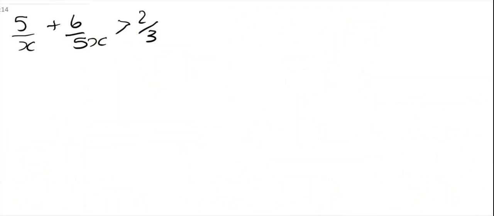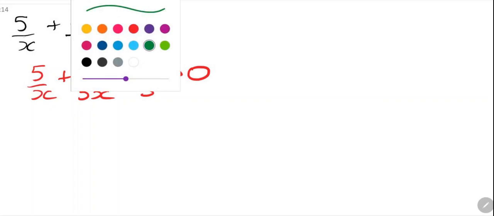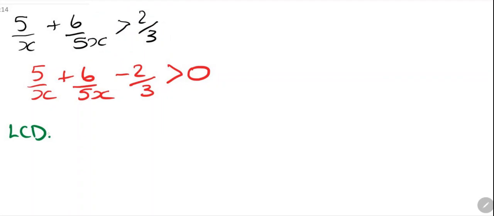Okay, so we have another question here. So we're going to rearrange it. So we have 5x plus 6 5x, and we're going to bring over the minus 2/3 so we can put it all greater than 0. So looking for the lowest common denominator, I can see that that's going to be x, 5x, and we've got 3.